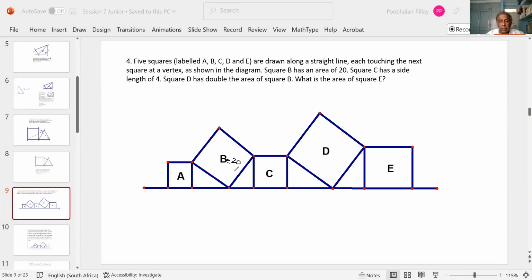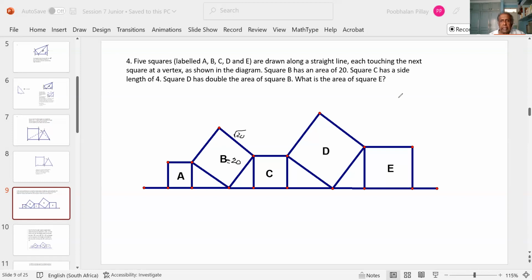So the area of this is 20. Now, area of a square, remember, there's a formula for it. The area of a square is side times side. So if you multiply the two sides of this square, you're going to get 20. So each side will then be square root of 20. So that's useful to know.